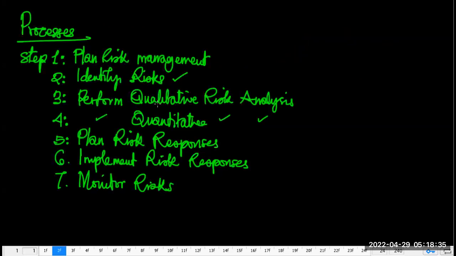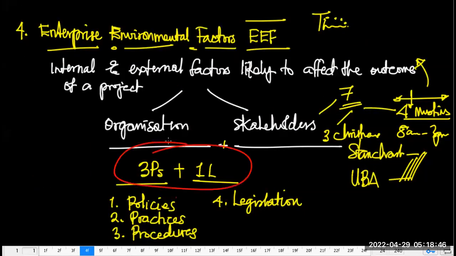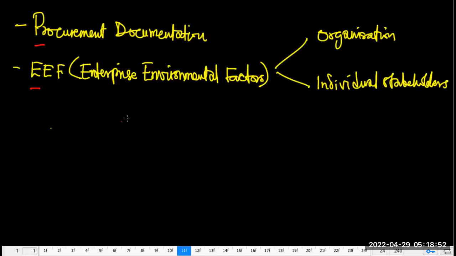This is what we did for plan risk management, that's for step 1. We mentioned with reference to the organization above, the practices and procedures likely to affect the outcome of any project, right? So it's still the same thing with identifying risk. But with this one, we're going to look at specifics.